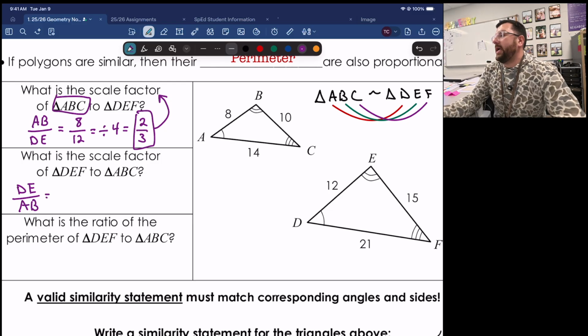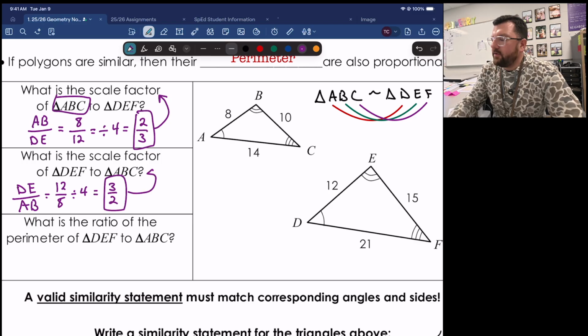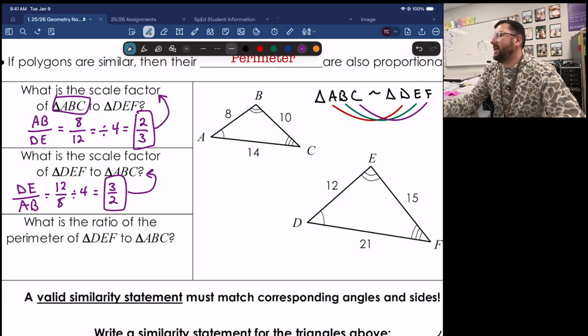The numbers don't change. They just change where they were. Now it's 12 over 8. Those both can be divided by 4, which equals 3 over 2. And there's my scale factor from triangle DEF to triangle ABC.